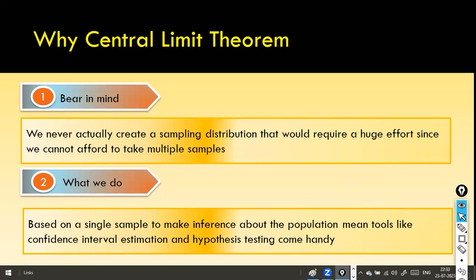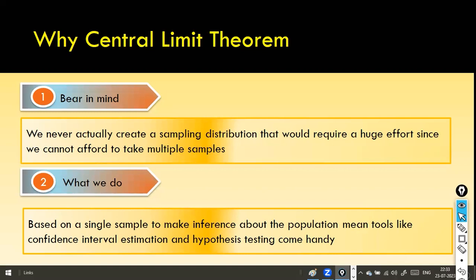That is where confidence interval estimation and hypothesis testing come into the picture. Yes, it is possible. The engine that drives these tools, confidence interval estimation and hypothesis testing, is called the central limit theorem. You understood, right?